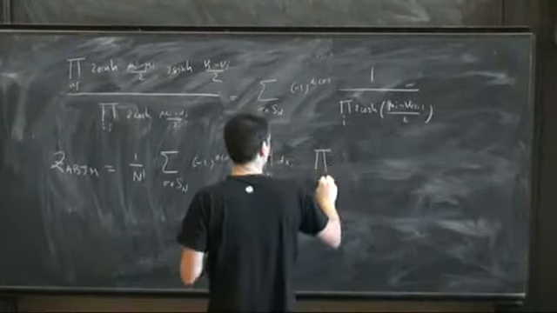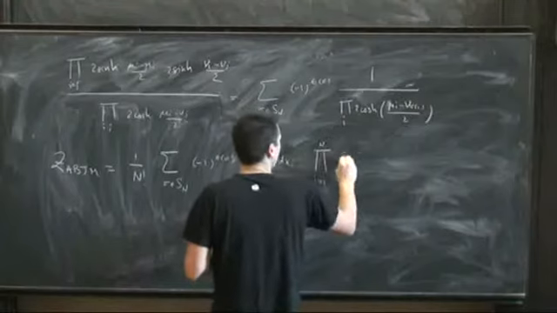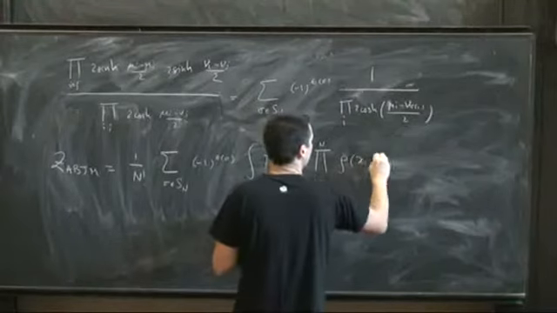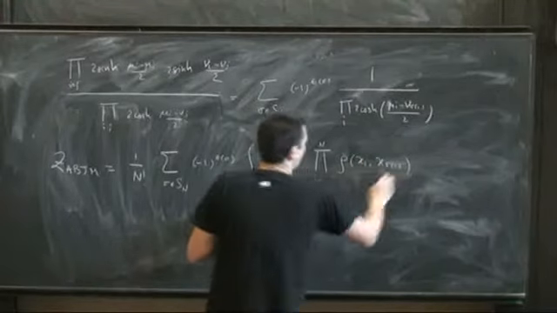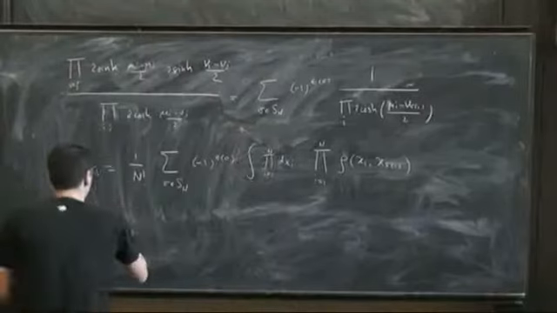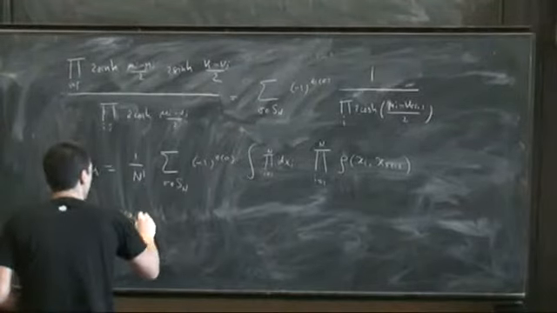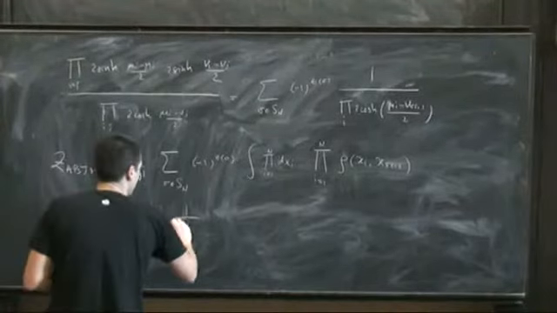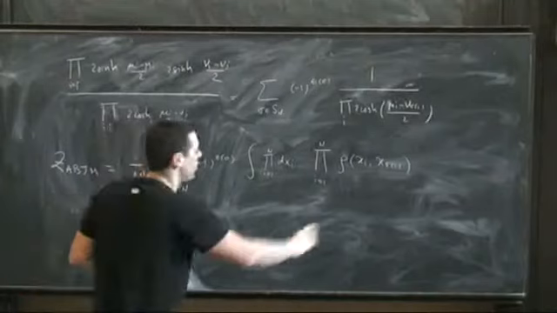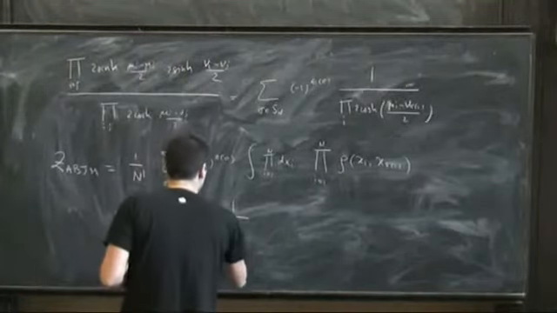And then what you have here, I'm going to write it in this way. You have here a function, rho of x prime, which is essentially inherited from these trigonometric functions.